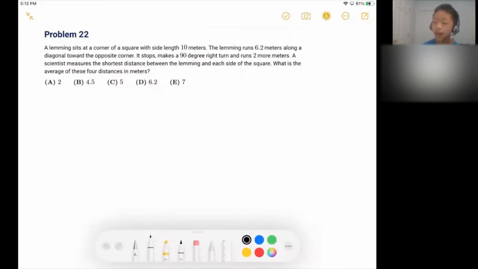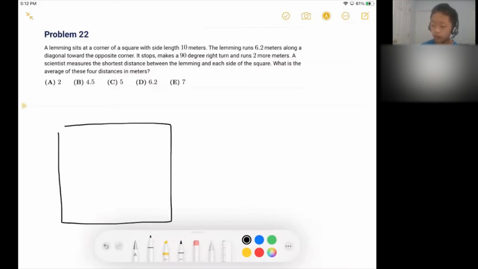This is a geometry problem. So we can draw a square of side length 10 meters. The lemming starts at a corner of the square, so let's say the lemming starts here. We're given that the lemming runs 6.2 meters along a diagonal toward the opposite corner.